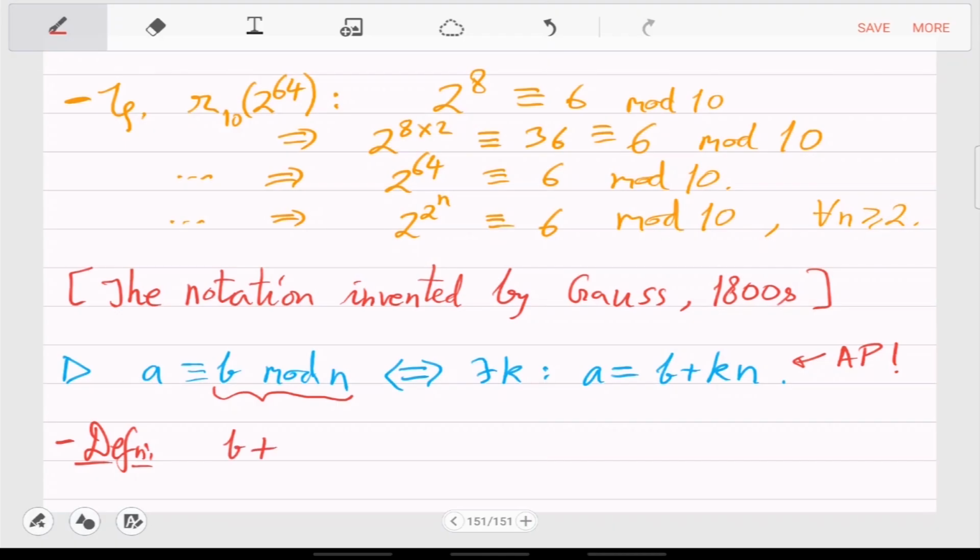B plus Kn, go over all K. This is the residue class of B mod n.